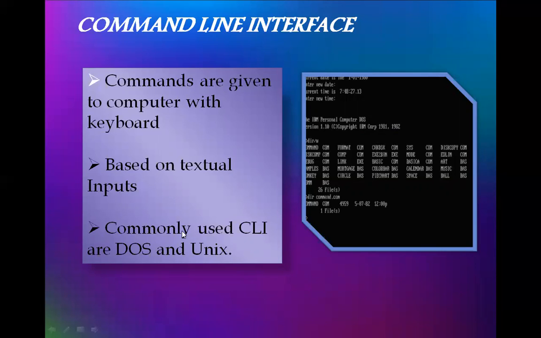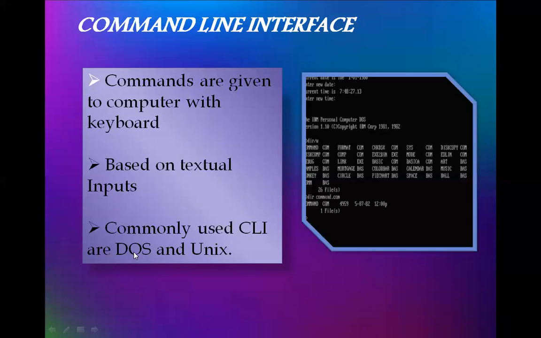Commonly used command line interfaces are DOS and Unix. This means that command line interfaces are used in the DOS operating system. The full form of DOS is Disk Operating System, and also the Unix operating system.